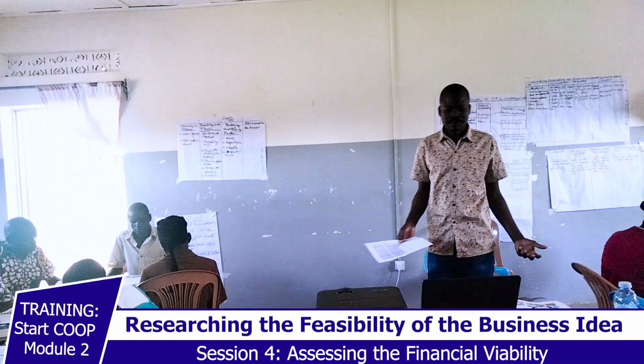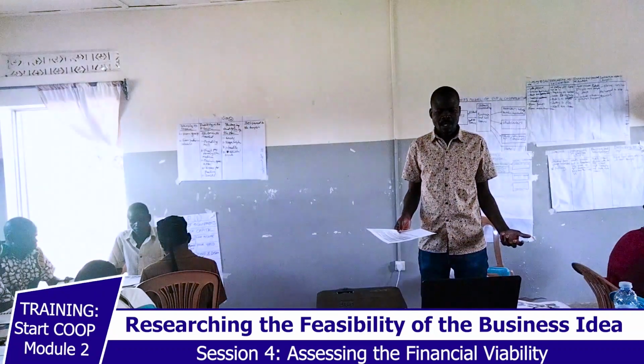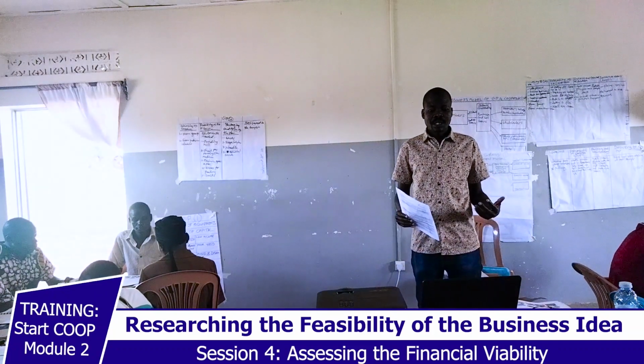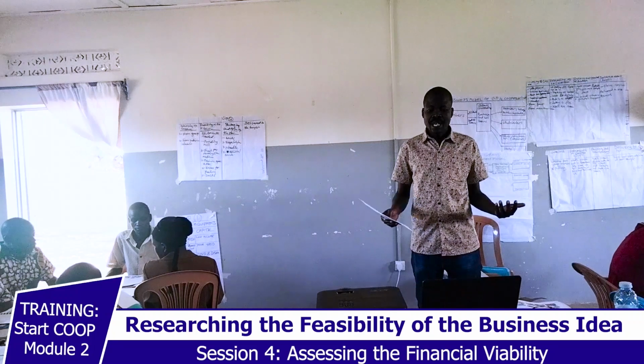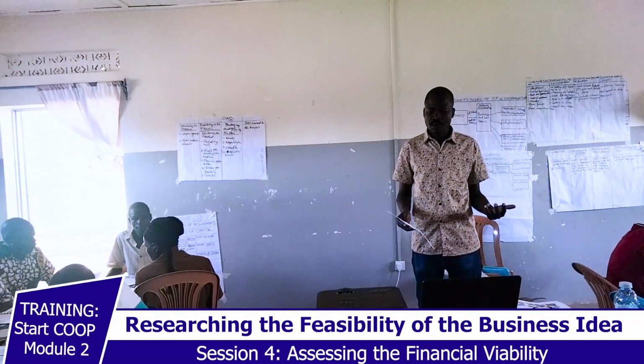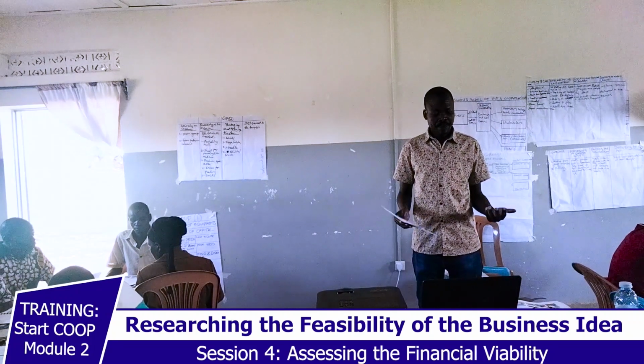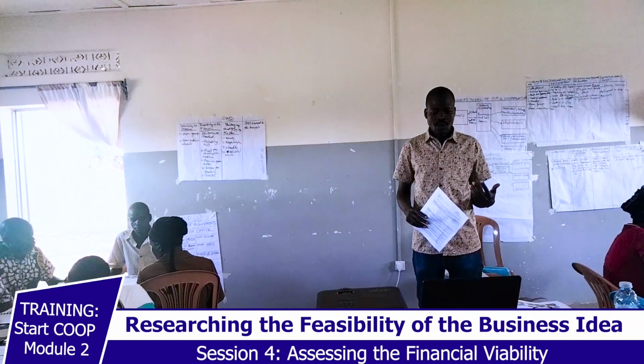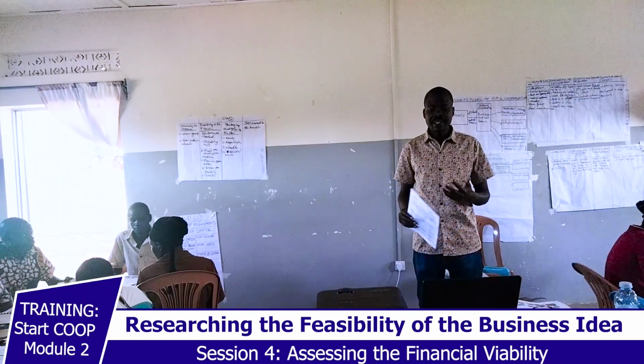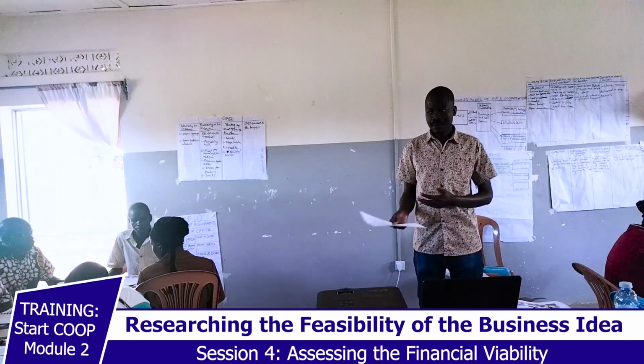Now the overview. Start-up cost is incurred in the acquisition of capital goods and the working capital. Source of financing is how the cooperative will raise the money to cover start-up costs.